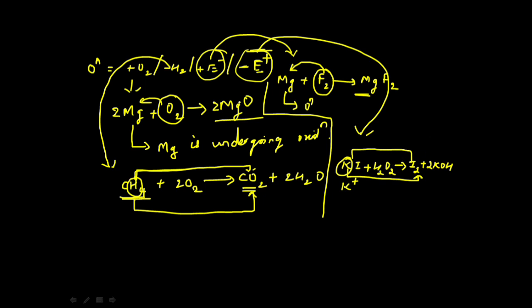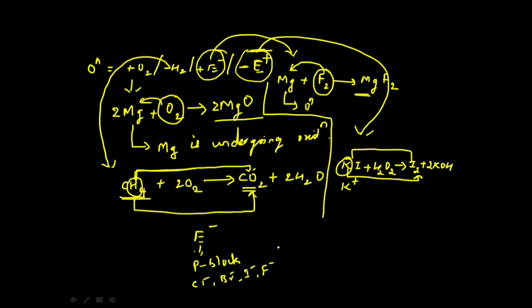Let me tell you what we mean by electronegative elements and electropositive elements. Actually, this does not belong to the redox reaction concept, but it is a brief introduction. Electronegative elements are those in the periodic table which lie towards the right side of the periodic table. Generally they are p block elements, like chloride, bromide, iodide, fluoride.